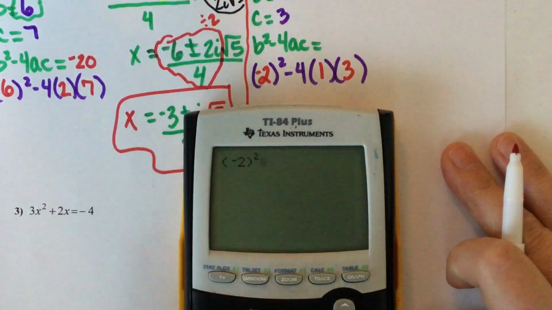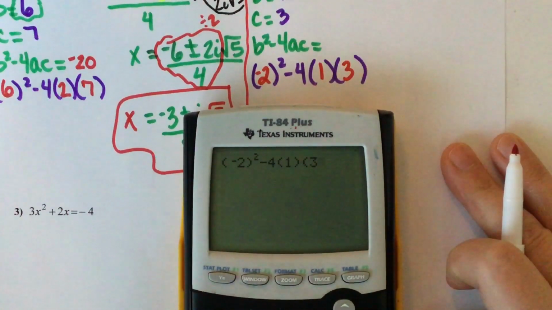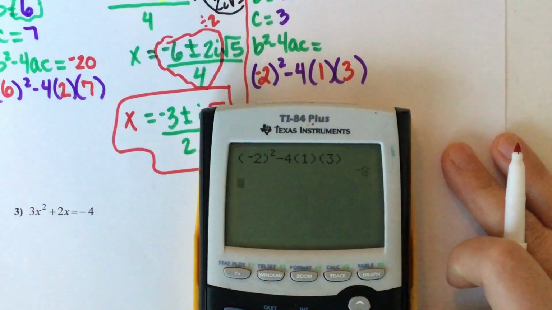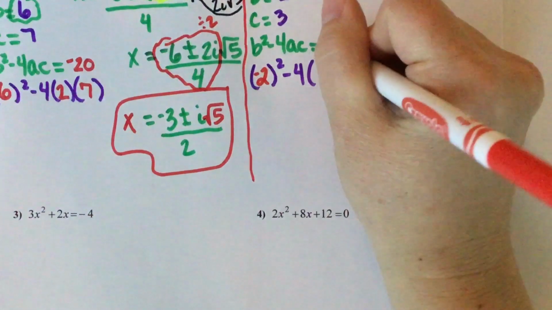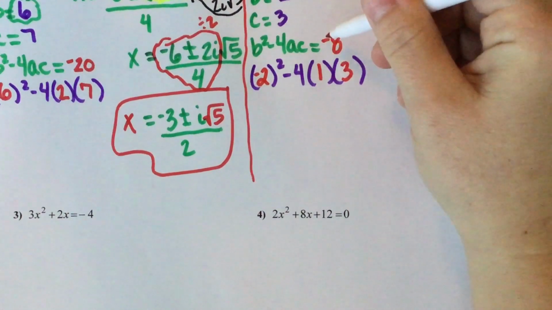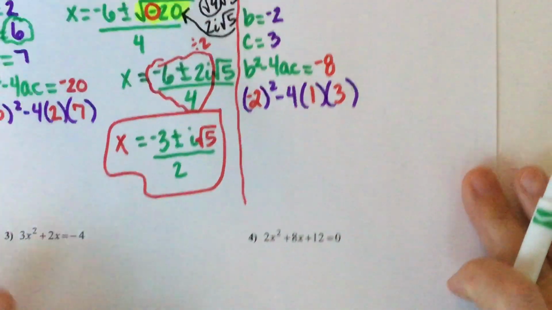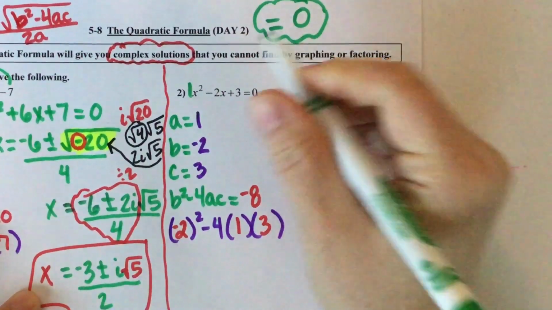I haven't done that so far because people tend to make mistakes, so I've just been using the calculator. But if you had to use order of operations, you could. Okay, and that gives us negative 8. All right, so that's our discriminant. So once again, since our discriminant is negative, we're going to have an i in this answer. All right, so now formula time. So x equals the opposite of b.